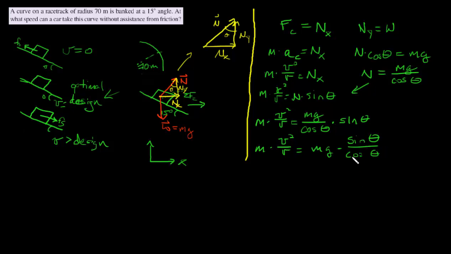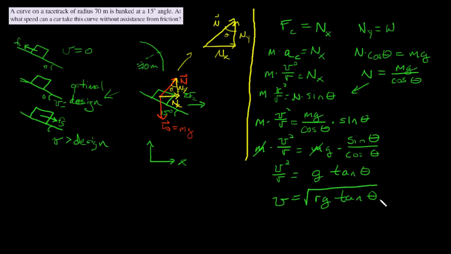And sine over cosine is tangent, but I can also see that the masses are going to cancel. So I get v squared over r is equal to g tangent of theta. Multiplying by r, I get r g tangent theta is equal to v squared, so I take the square root, and that's my design speed. So that's without friction. This would be our design speed for a given angle.